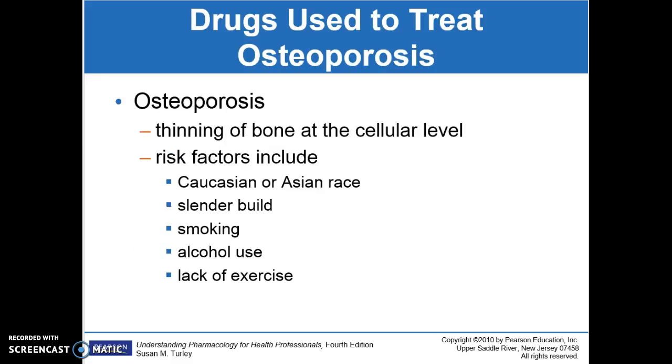So when we have someone who is being treated for osteoporosis, what we typically think of is that thinning of the bone. Here are some of the different risk factors. You're going to find that it's more common in certain folks: more common in the Caucasian race and the Asian race, more common in smokers, more common in those people who don't exercise, more common in post-menopausal women.